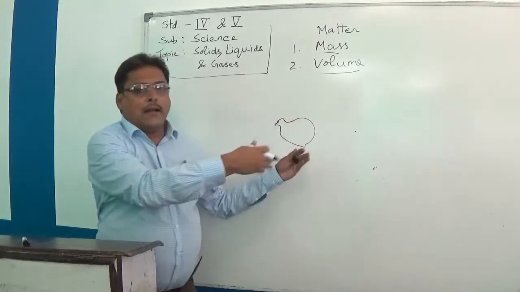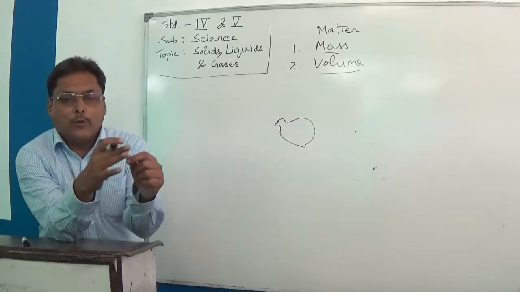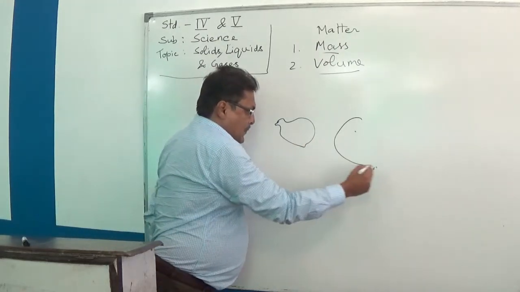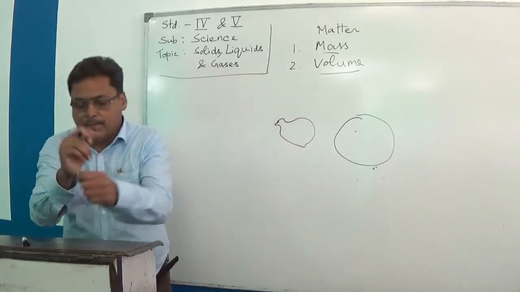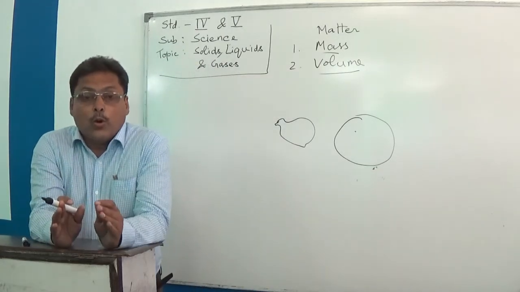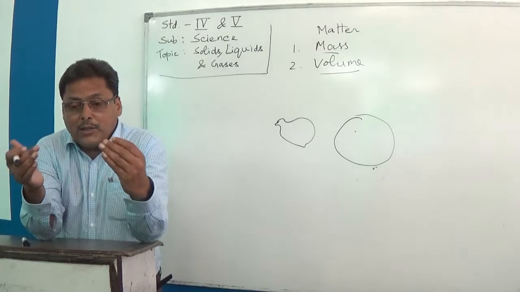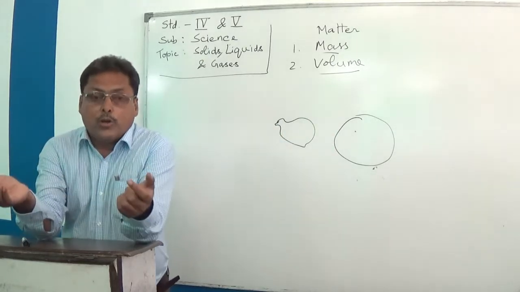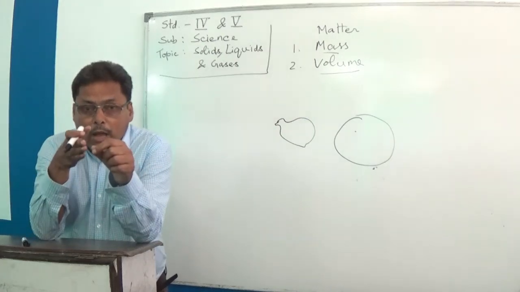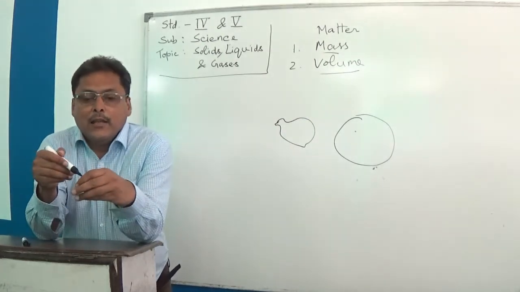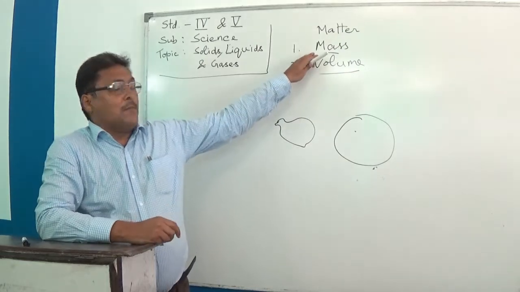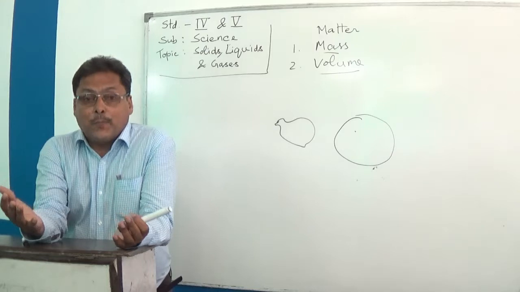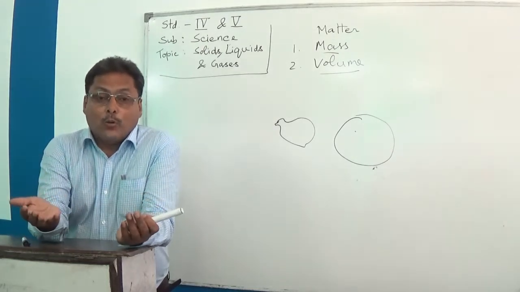Let us assume this is a deflated football, and you pump air in it and it becomes round. So how does it change shape? A deflated thing becomes more round because we have pushed air inside it. So air must have some mass and air must occupy some space. Otherwise, how would this football have changed shape?